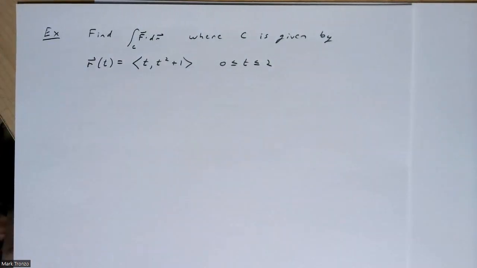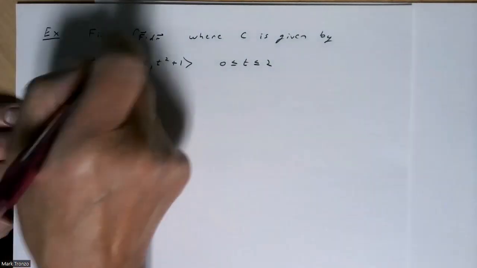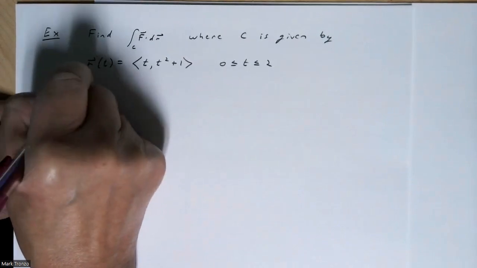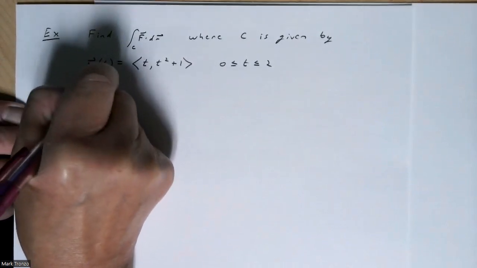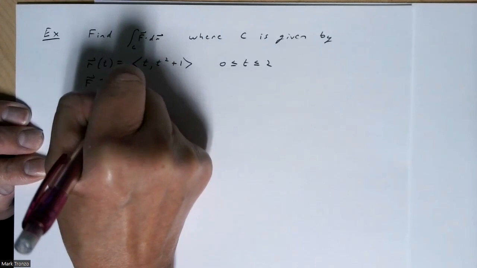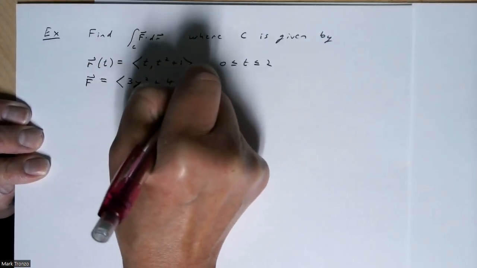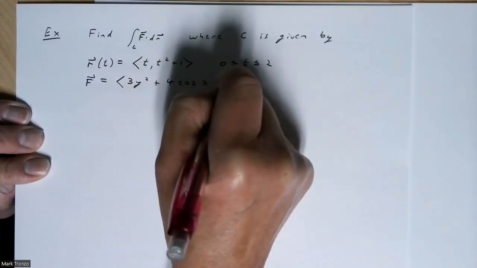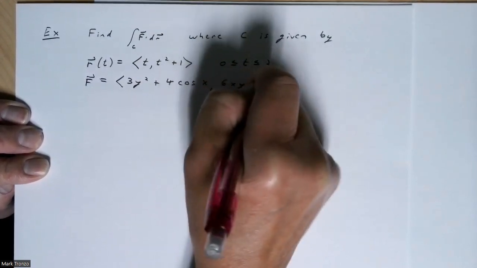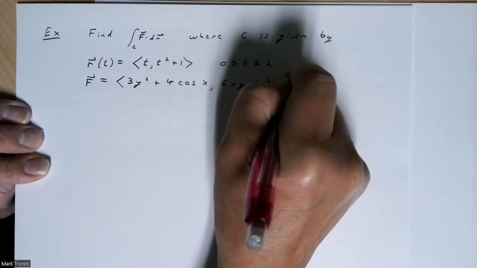And our vector field F is given by (3y squared plus 4 cos x, 6xy plus 3e^y).